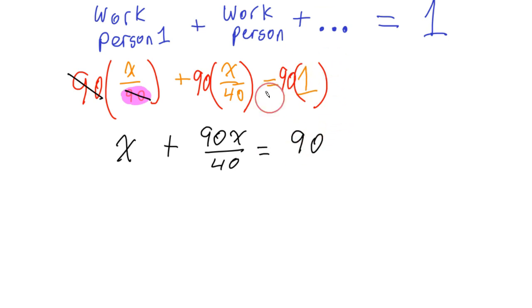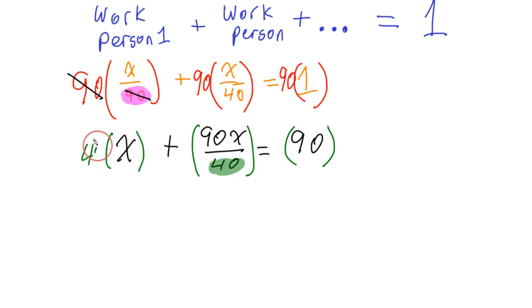Now taking a look at my next step, I want to get rid of this 40 that I see right here in green. So I'm going to do the exact same idea, is I'm going to multiply every single term of the equation by 40. So multiply this by 40, multiply this by 40, multiply that by 40, and again, the 40s will just cross right out.